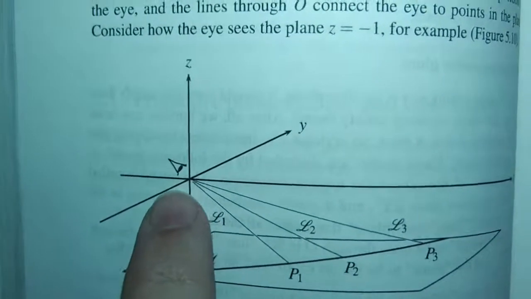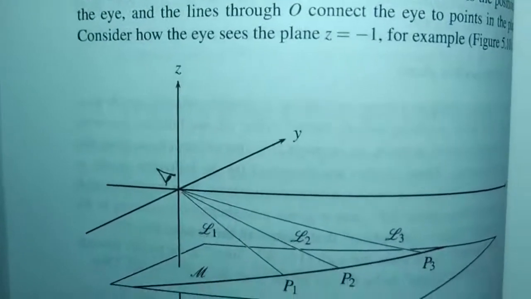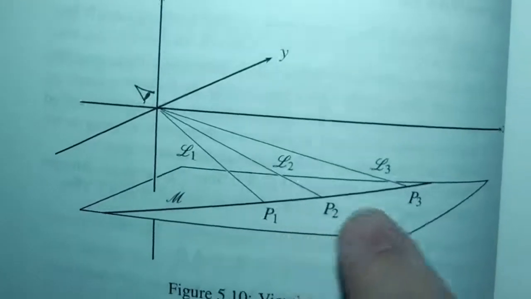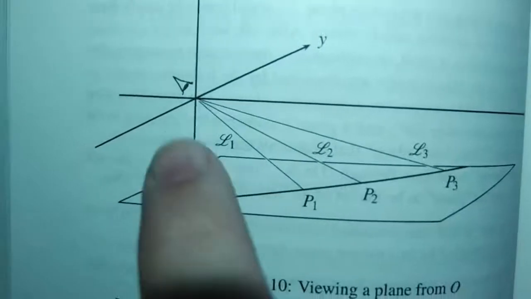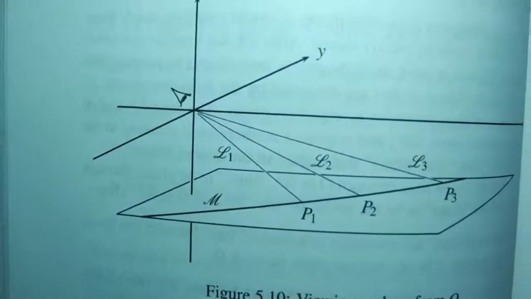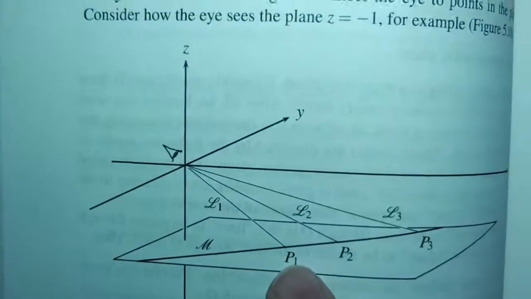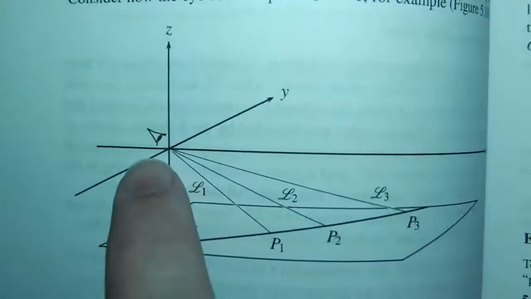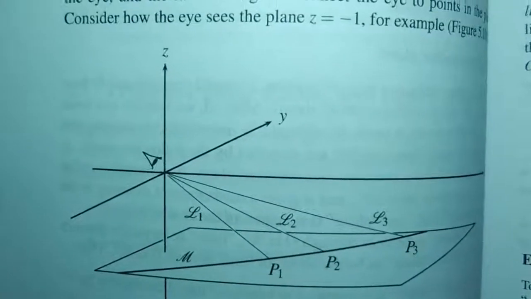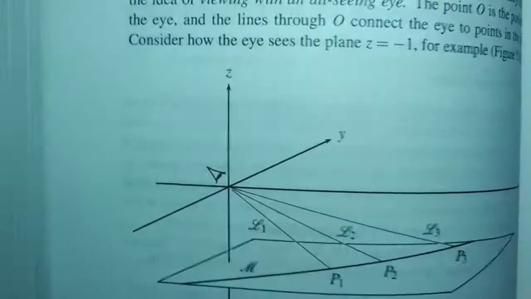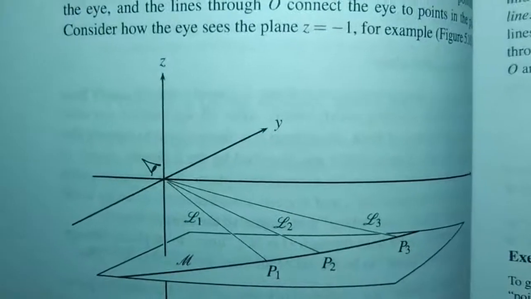My all-seeing eye is at the origin, and if I draw the lines connecting my all-seeing eye to points in the plane, then what I get are lines, right? So I get lines associated to points. And so instead of a point P1, I have the line that connects my vision to that point, from the place I'm looking at it from. So here, the origin. Okay, and so I get lines through the origin corresponding to points.